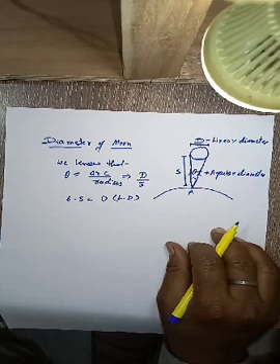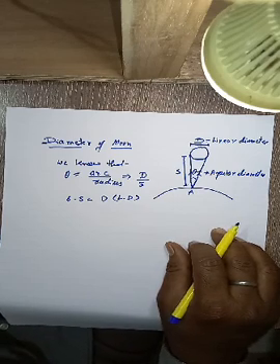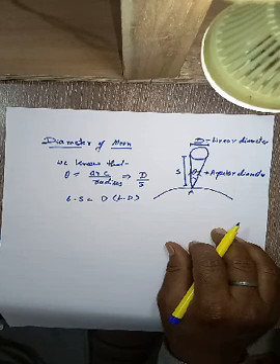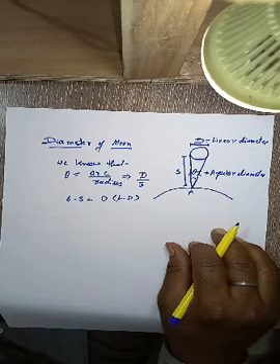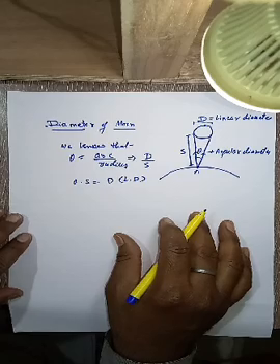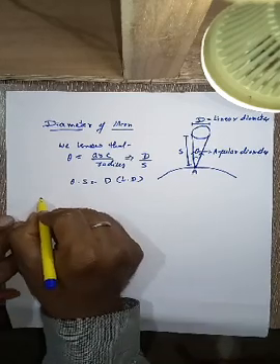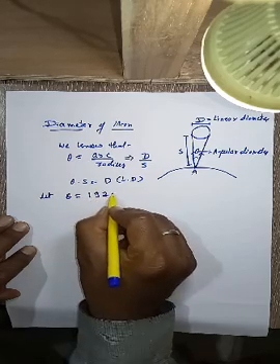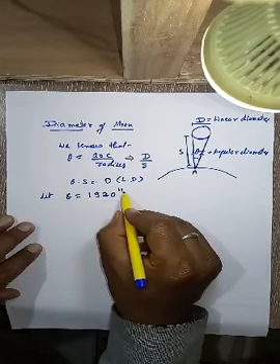Now if values will be given for theta and for s, then how to put the values, let us see that, right? Let theta equal 1920 second. Double dash means second.